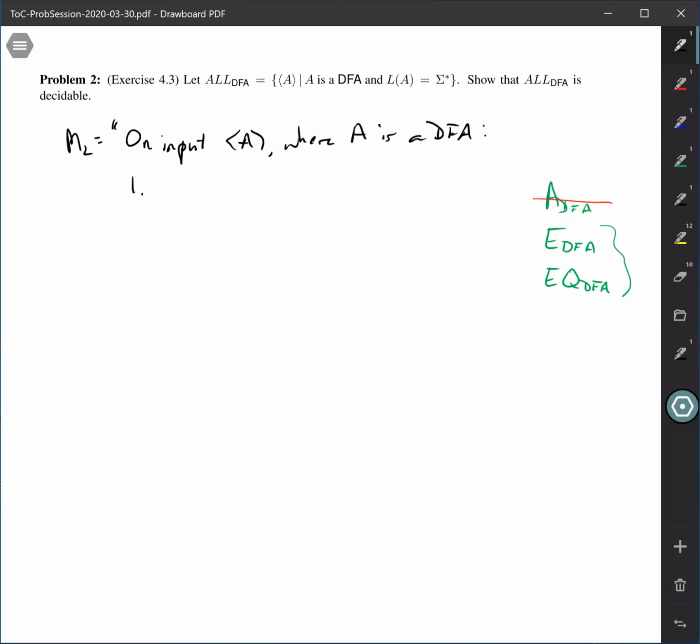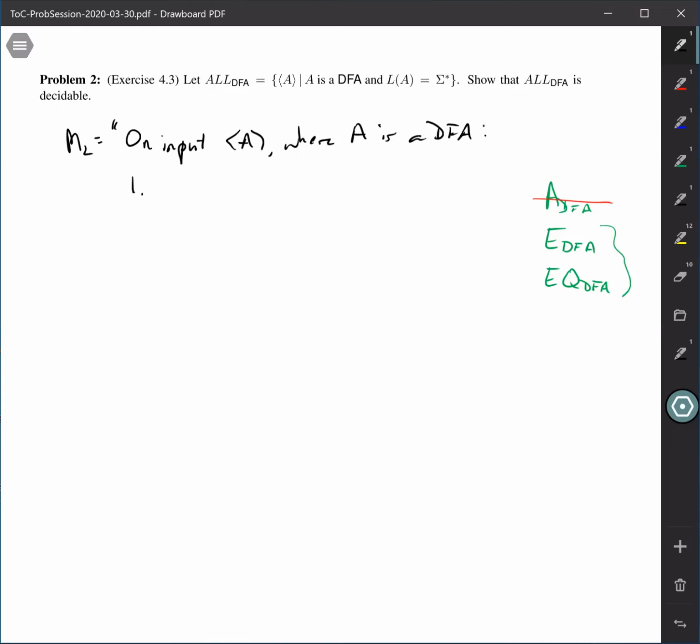Well, Rashmi and Lavanya in the chat said E sub DFA. So this language of whether or not the language recognized by a DFA is empty. So we're going to try to use that. If we're going to use that, we need to create a machine, a DFA, that we can ask, is the language accepted by this DFA empty?